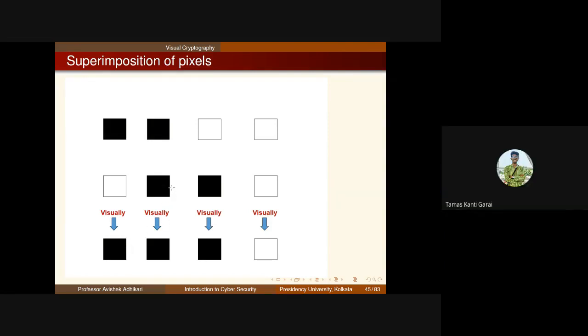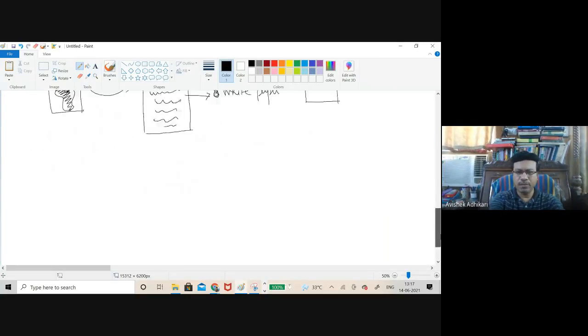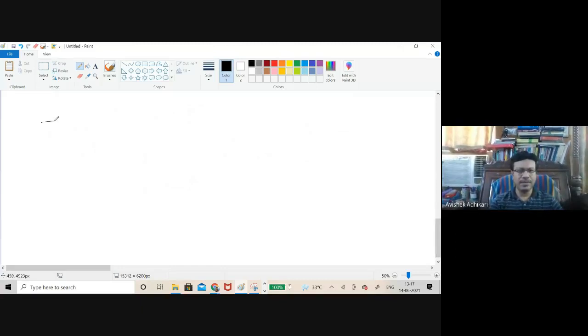If you consider black to be 1 and white, the transparent sheet, to be 0, then as an effect, what will you get? 1, 0 gives you 1; 0, 1 gives you 1; 1, 1 gives you 1; but 0, 0 will give you 0. That is nothing but the binary OR operation.